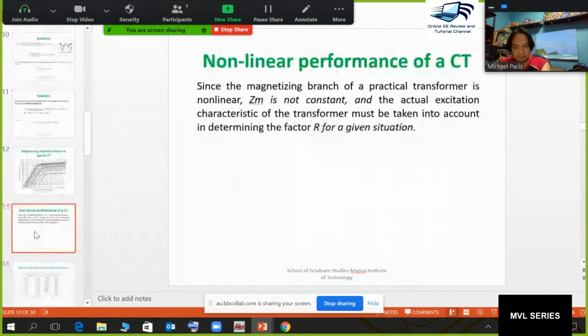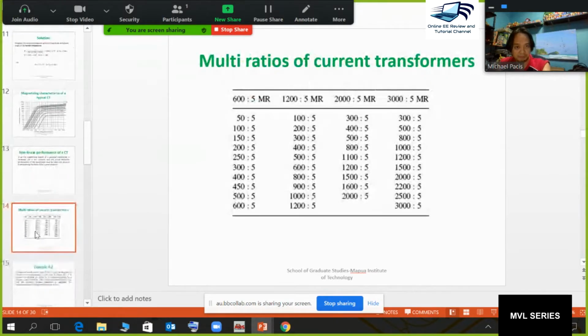We can have this as the nonlinear performance of your transformer, because Zm is now not constant, and the actual excitation characteristic of the transformer must be taken into account in determining the factor R for a given situation.